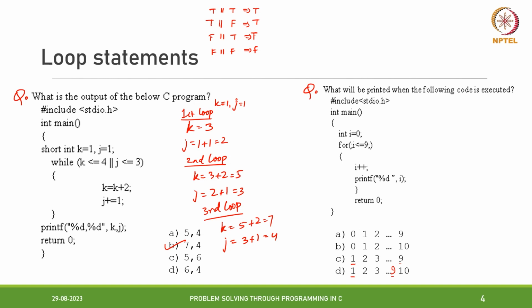So the loop will run for another iteration. Now the I value becomes 10. You print I, so 10 will be printed, and then when it goes back and checks the conditional, 10 less than equal to 9 is not satisfied anymore, it's false. So you have the answer as option D, which is printing from 1 up till 10.